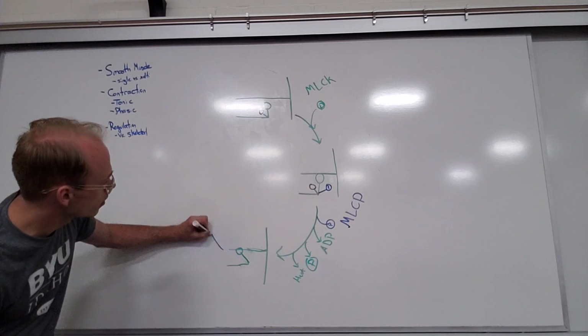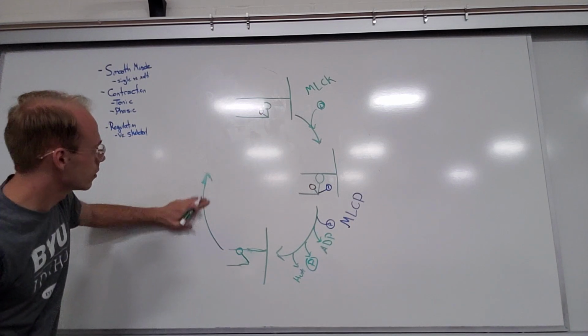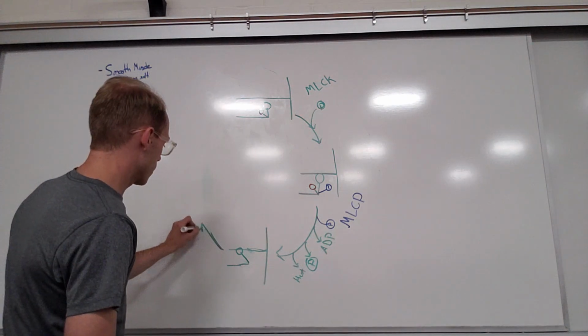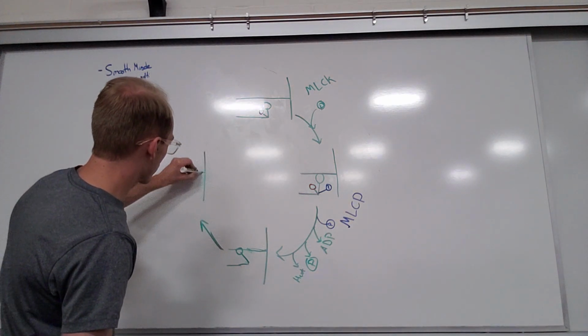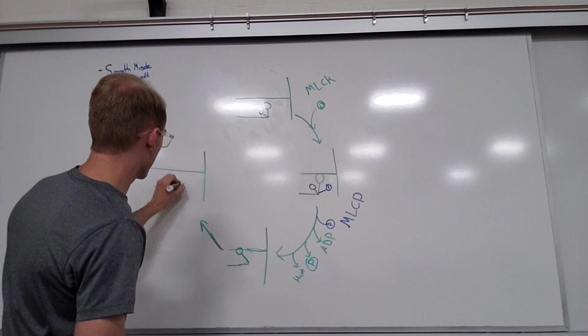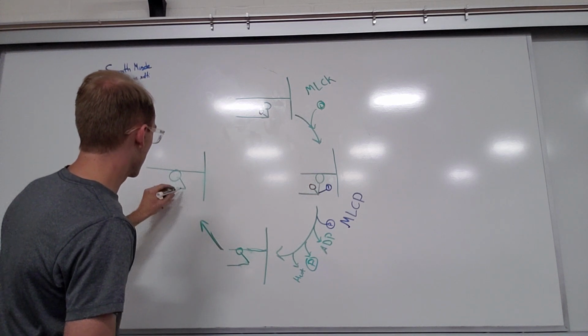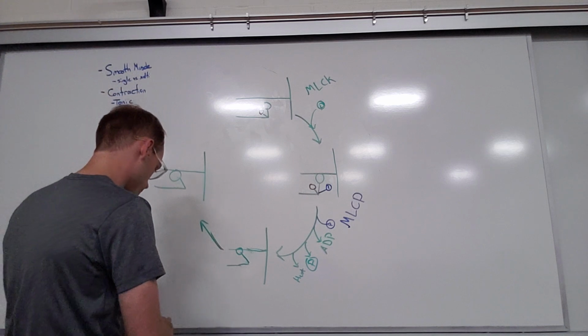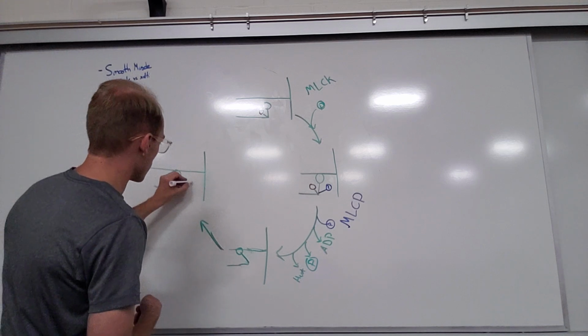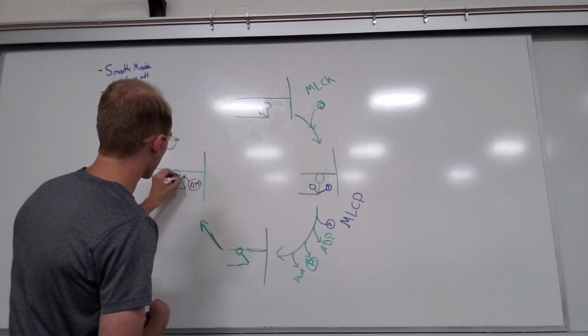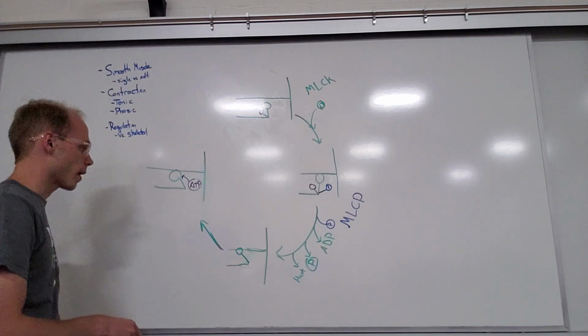So then what happens, make sure I'm not getting into any glares. Perfect. So we have this, here's that. And then you have the myosin head just kind of chilling. And you have an ATP that's trying to bind to the myosin head.